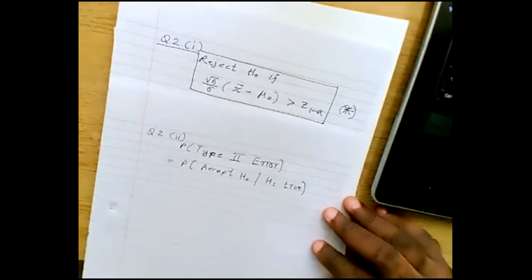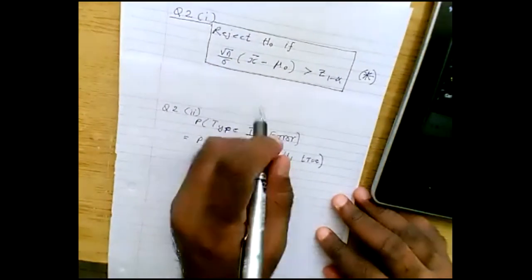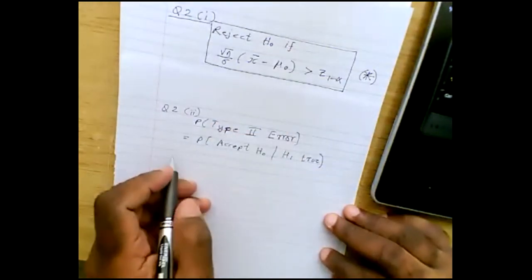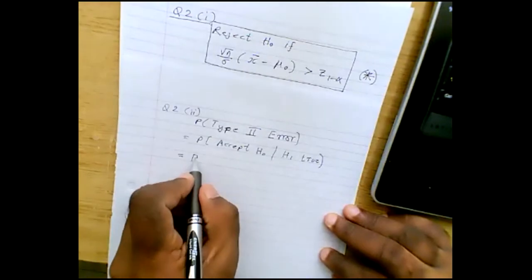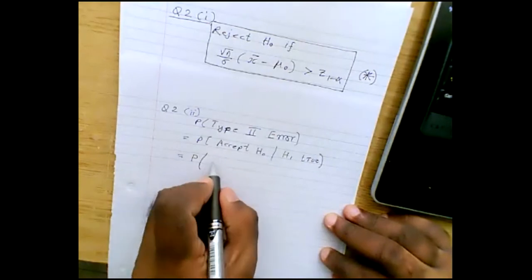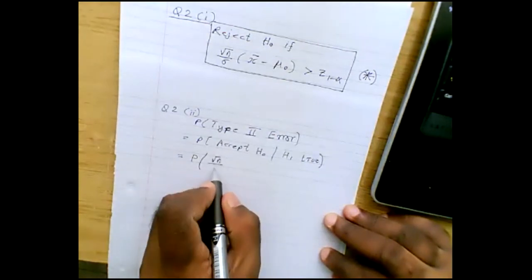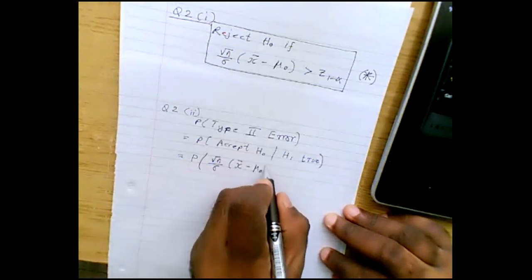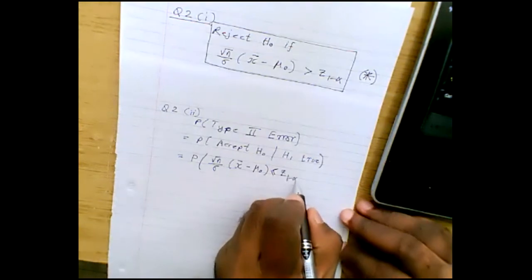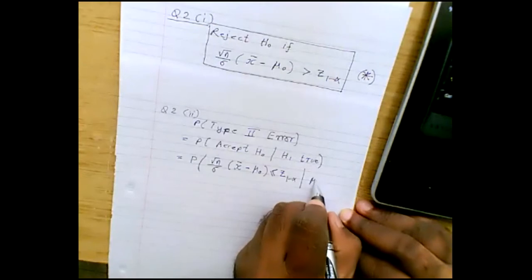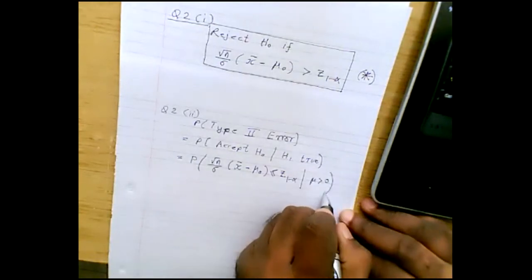We know from part 1, this is the rule for rejecting the null hypothesis. So the rule for accepting the null hypothesis will be the opposite of this, and H1 is the hypothesis that mu is greater than 0.